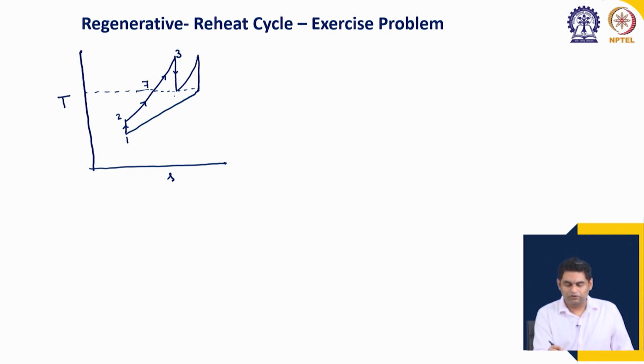Then 3 to 4 is the first expansion or high pressure turbine expansion, 4 to 5 is the second heat addition or conversion process, then 5 to 6 is the expansion in the second turbine or low pressure turbine, then 6 to 8 is the heat removal in the regenerator from the conversion product, and we close out the cycle by using this 8 to 1 constant pressure heat removal. Okay.